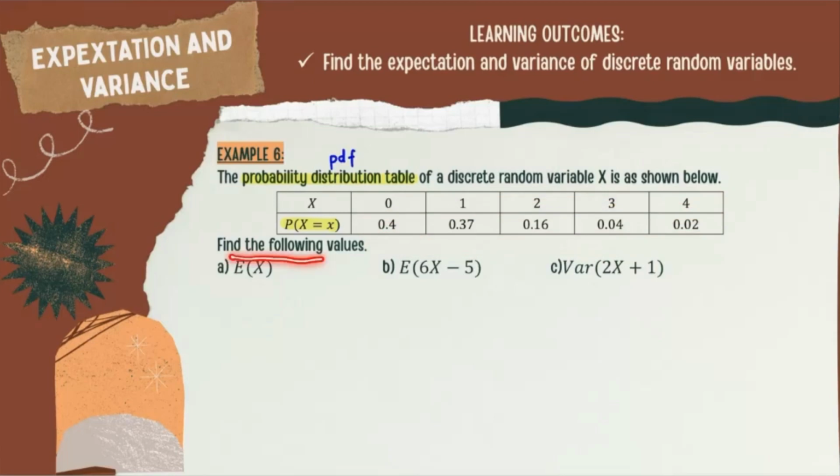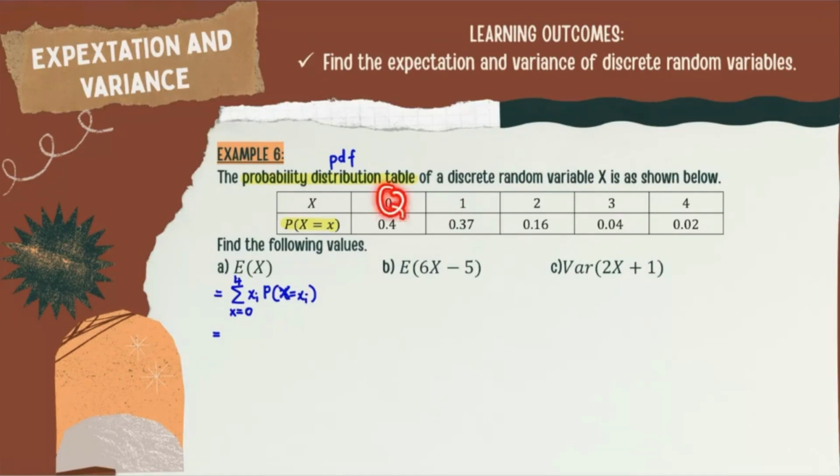So find the values for E of X. So tadi E of X dia adalah hasil tambah daripada X sama dengan 0. Kat sini X kita 0 sampailah hujungnya X sama dengan 4. So kita akan tambahkan apa? Xi dengan its probability. Okay, so what are we going to do?